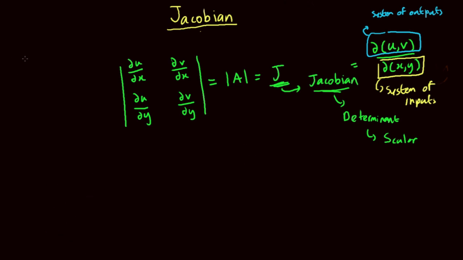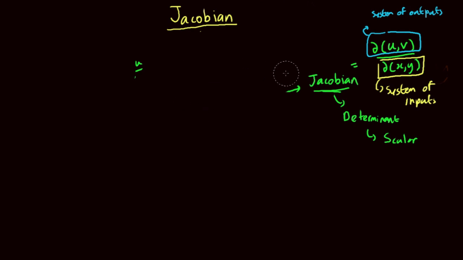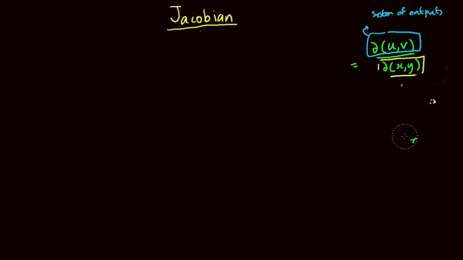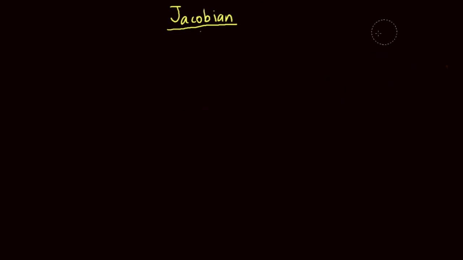Okay, so for instance, all right, let me write here. I have a function. Let me just erase all of this first. I think it'll be easier. Okay, so let's say we have a function here.